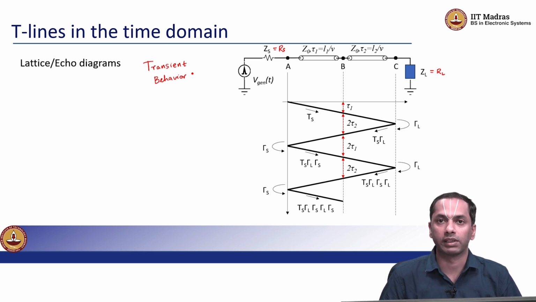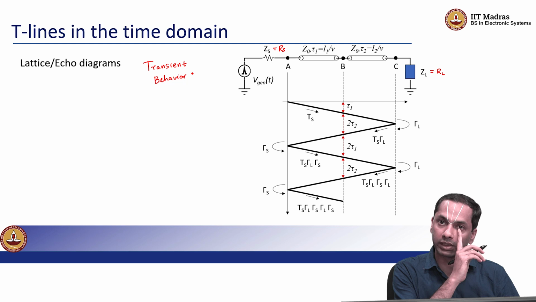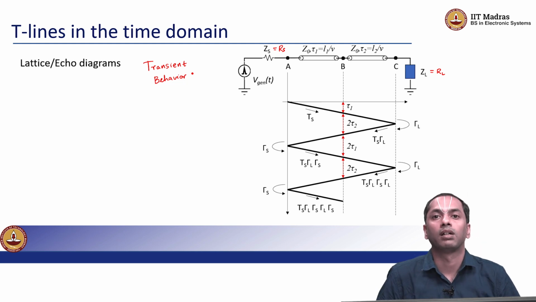This behavior, this speed of light delay and the bouncing back and forth, essentially denotes that there is a transient that happens from the time that the source was connected to the transmission line up to the point where we saw a steady state value for the voltages and currents on the load, right.